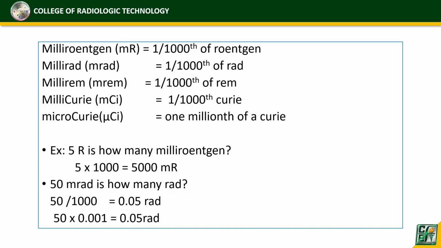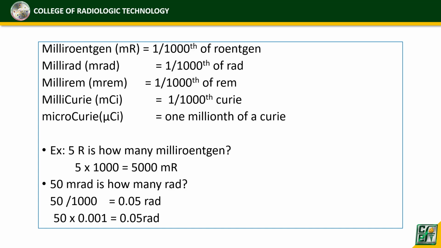Pag positive kasi it is mega. Okay. So, 5 Röntgen is how many milliröntgen? So, ang gagawin lang natin dyan is 5 times 1,000. Then you will get the milliröntgen.